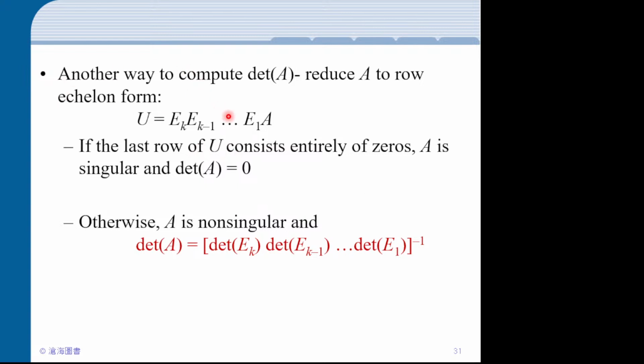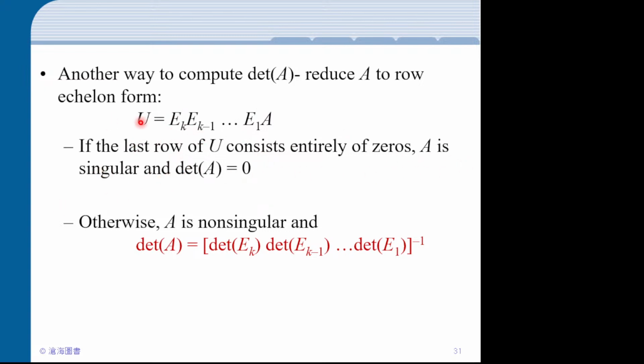Anyway, we can always do row operations to reduce A to this row echelon form. So we multiply a whole bunch of elementary matrices and get A equal to the row echelon form.